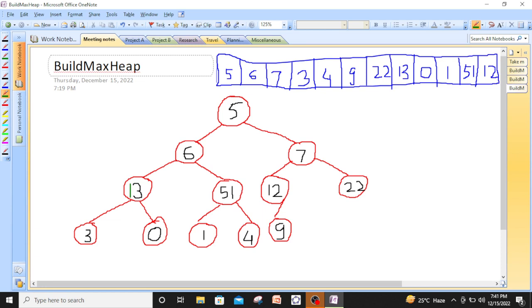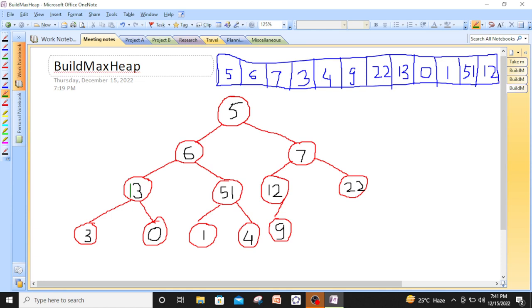But here there is a point to remember. Below 7, you see the children are 12 and 22. And there is a grandchild also. We have to take all the children. So the next node is 7.